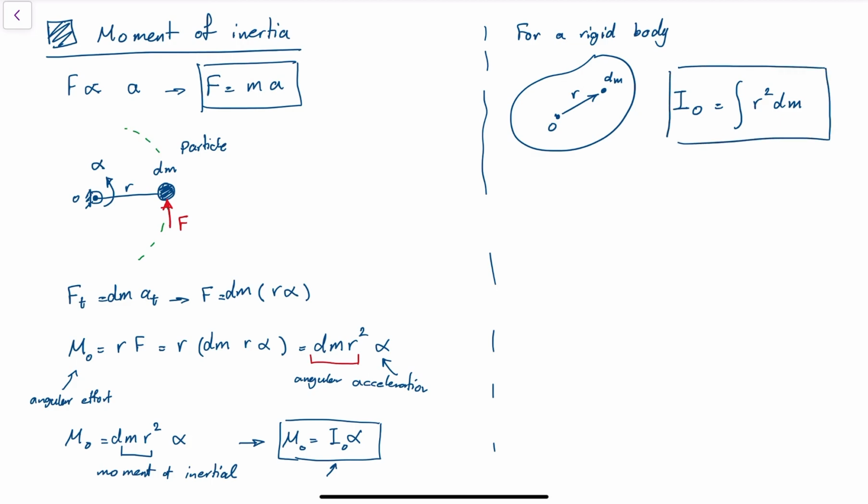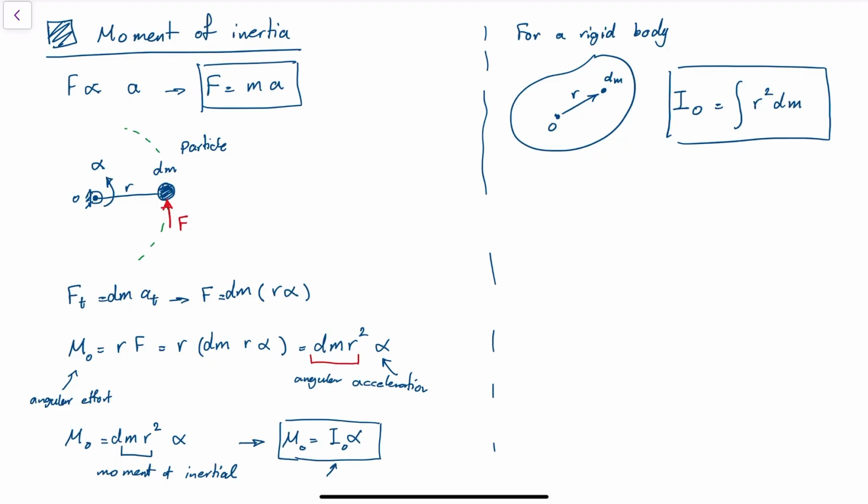And when you have it, you can relate the moments of forces to angular accelerations. We'll see in more detail how in the next videos. But for now, the whole point here is the definition of moment of inertia. I'll leave a whole bunch of little remarks and tricks and information about moment of inertia for another video.